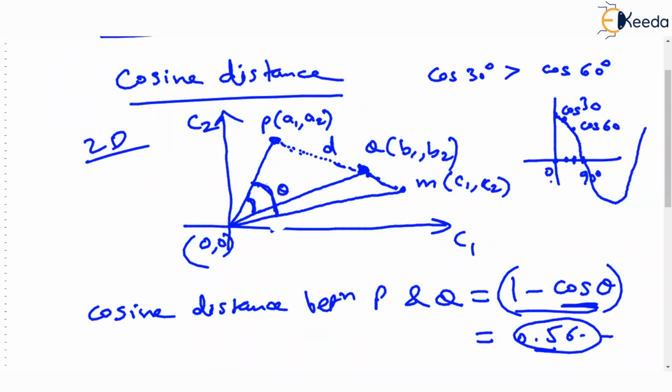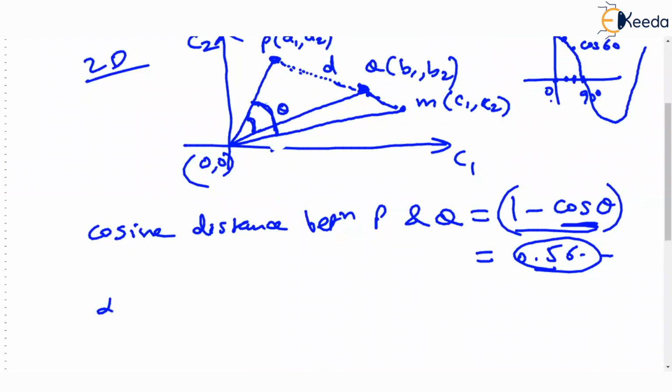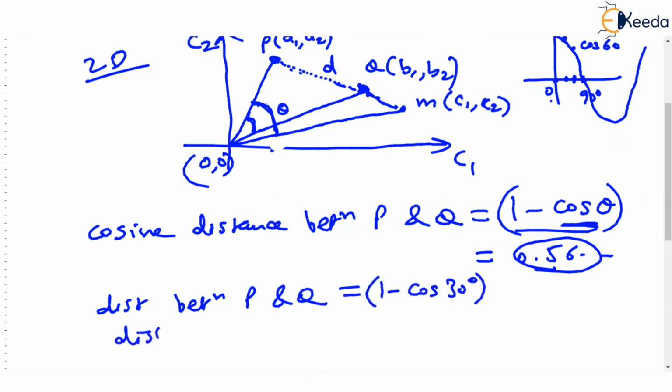So you tell me, the distance between P and Q is 1 minus cos 30 degrees and the distance between P and M is 1 minus cos 60 degrees.